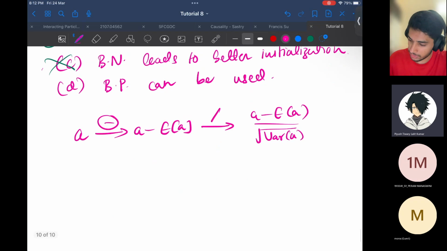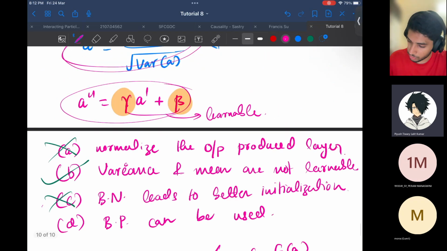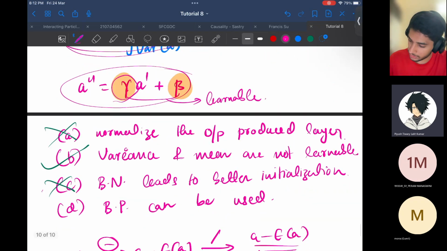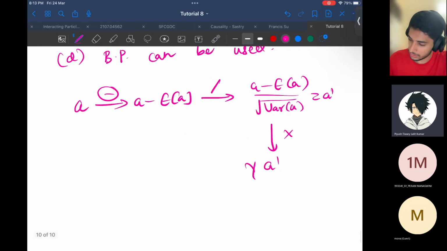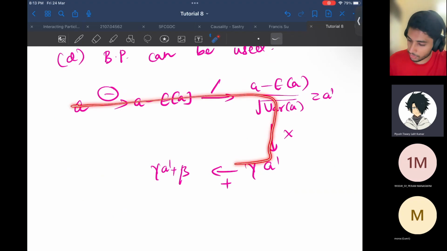This is fine. Then you took this, call it A dash, and multiplied it with gamma, so there is a multiplication operation. Then you did an addition operation: gamma times A dash plus some beta, right? This is a perfectly correct computation graph.